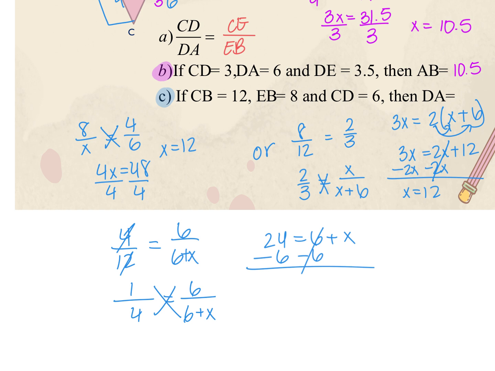No, this should be 3, not 4. This should be 3. You're going to get 18. Yeah, you could do that. It just matters how you set it up. So there's a lot of different ways you can solve this. Okay, that's why I told you guys stick to one way and stay consistent.